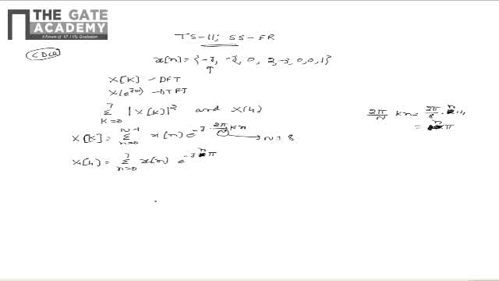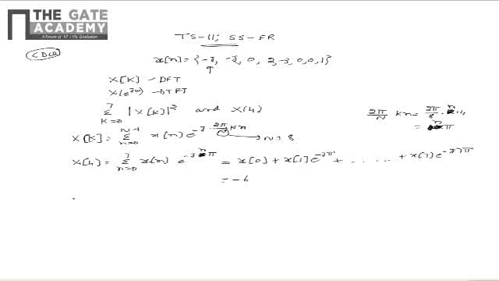So now upon expanding this equation, we see that this can be written as x of 0 plus x of 1 multiplied by e power minus j pi plus and so on till x of 7 multiplied by e power minus j 7 pi. And this upon simplification becomes minus 6.